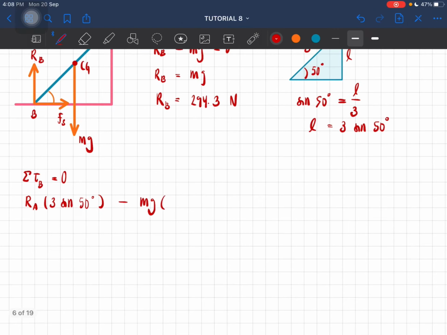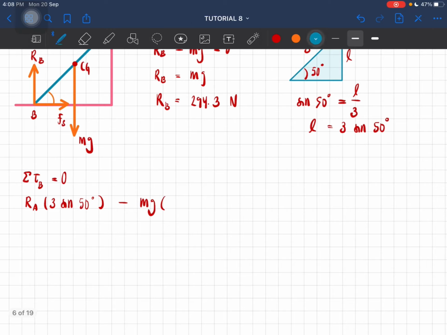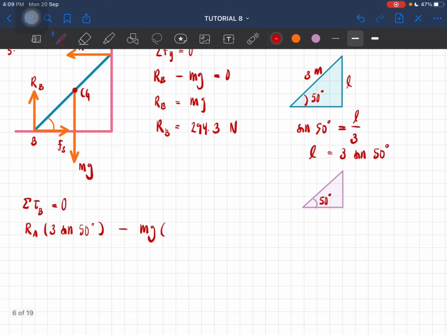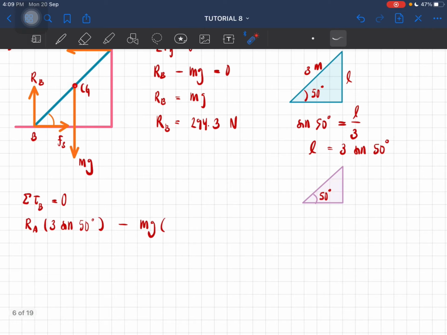Lepas tu kita perlu cari juga perpendicular distance dia. I'm just gonna use purple. So this is the triangle now. Okay, there's still 50 degree di sini. So 50 degree, and then this is the perpendicular distance yang kita mau.